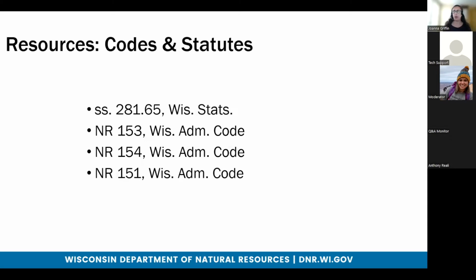The TRM program exists under the authority established in 281.65 Wisconsin Stats, NR 154, and NR 153. NR 154 identifies best management practices, technical standards, and cost share conditions that apply to the department, state agencies, governmental units, the Board of Regents, and cost share recipients when serving to provide or receive cost share funds under Chapter NR 153.